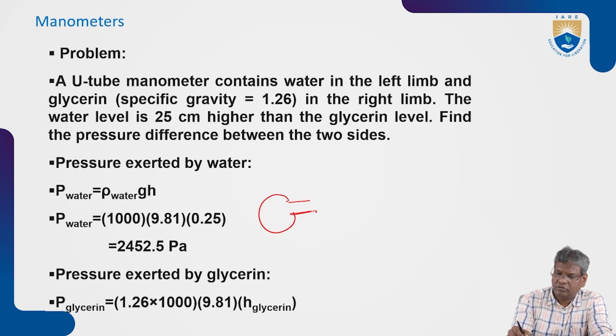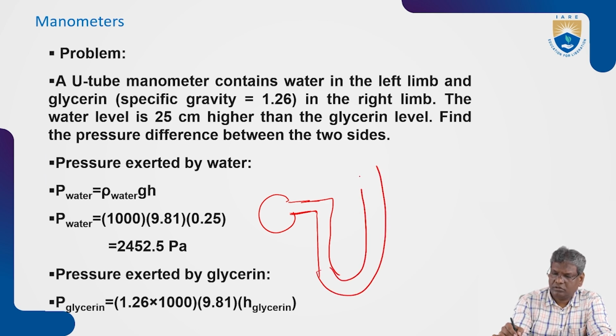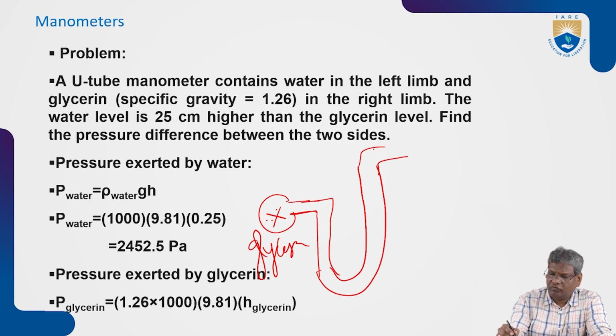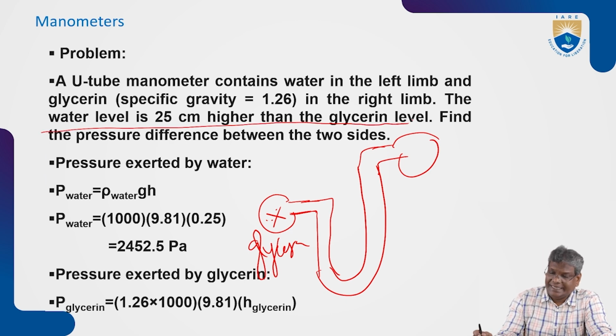Here there are two fluids. Here say glycerin and here say water. Why? He has given the clue: the water level is 25 centimeters higher than the glycerin level.